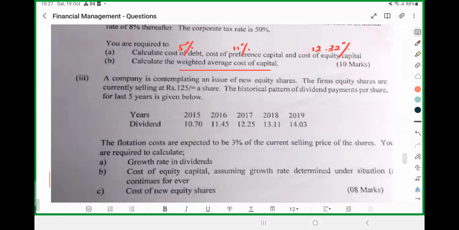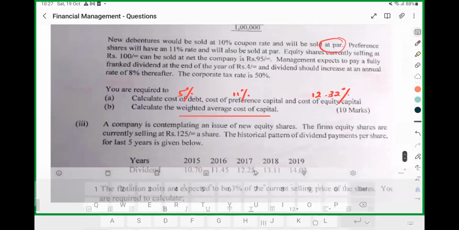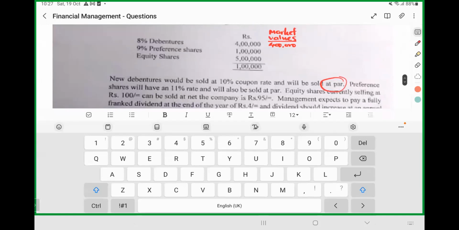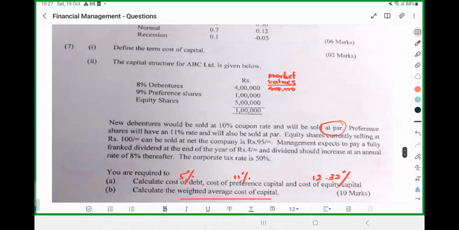So we were discussing the weighted average cost of capital. You have to take the market values.